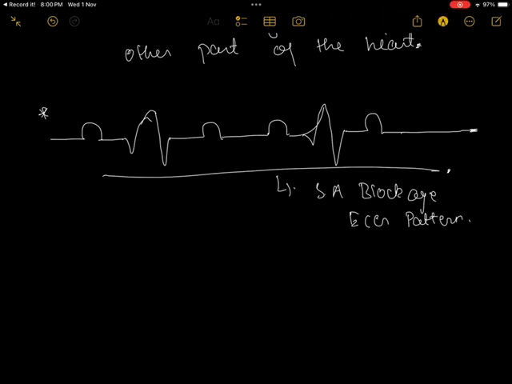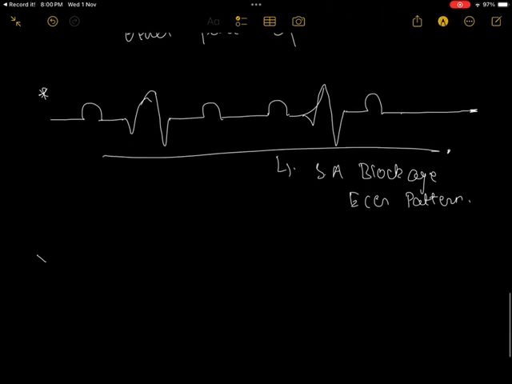Usually what happens here is, there will be contraction of ventricles.